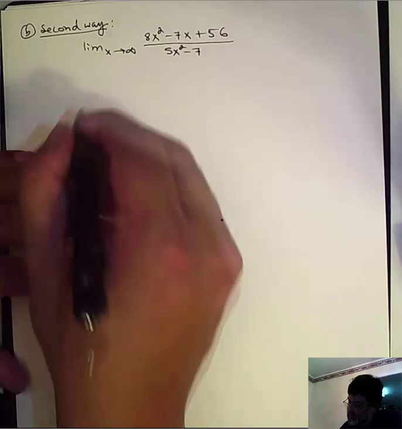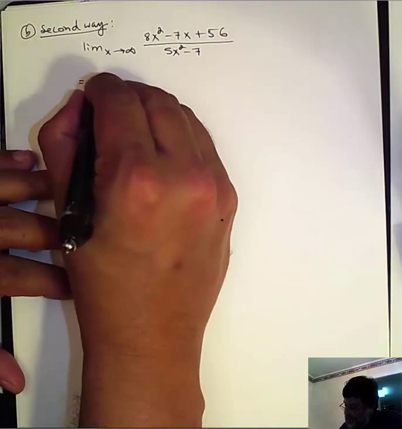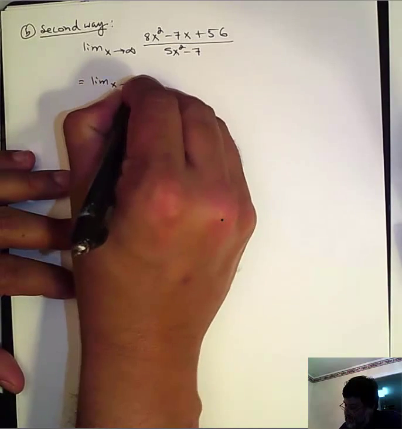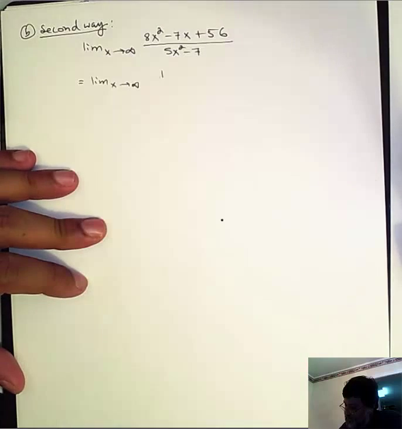L'Hopital's rule is take the derivative of the numerator and denominator.